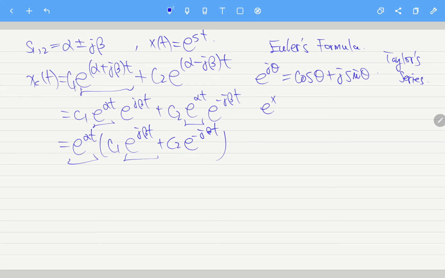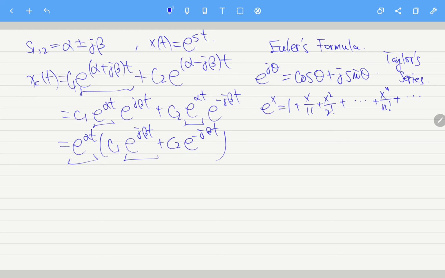Mathematics majors may not consider it correct, since they also need to consider convergence, but this is just a simple idea for engineering students. So for exponential to x, the Taylor series is nothing but 1 plus x over 1 factorial plus x squared over 2 factorial plus and so on, plus x to the nth power over n factorial, up to infinity. If you have learned the Taylor series, you should know this.